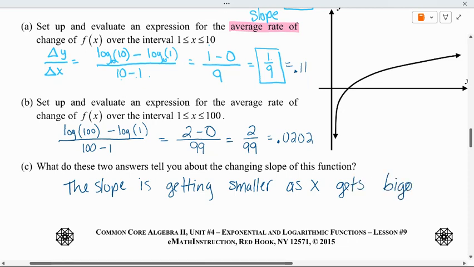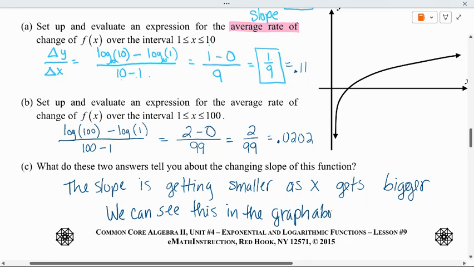That's really what's happening. Our slope is getting smaller as x gets bigger. Hopefully, we can see this in the graph above.